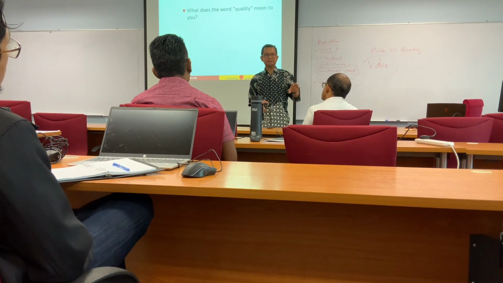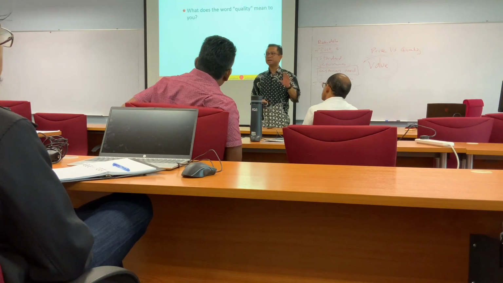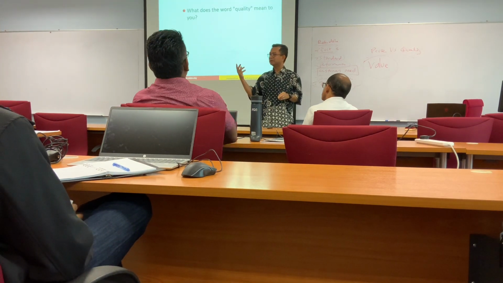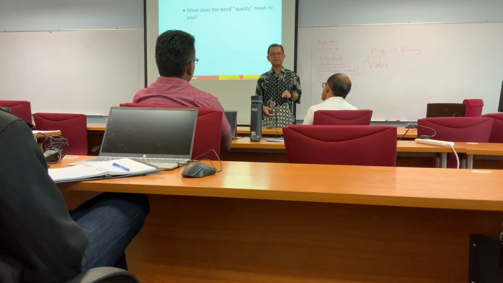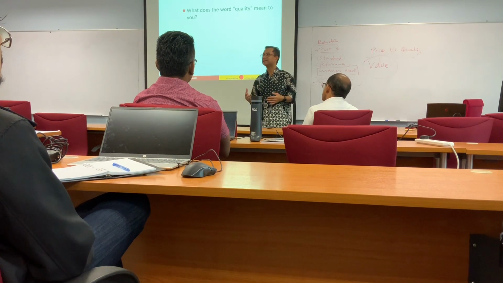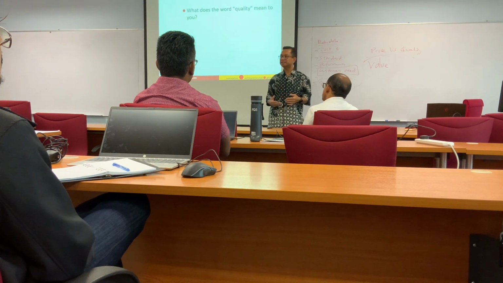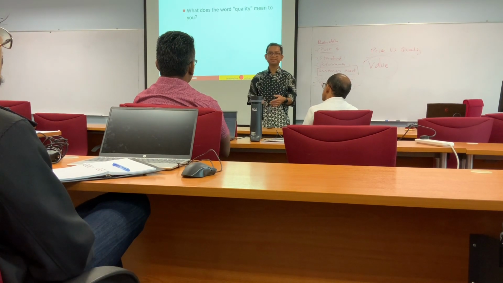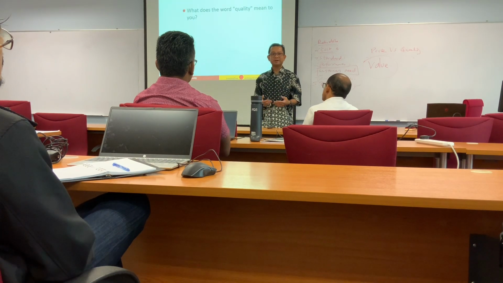ANA, All Nippon Airways, and Japan Airlines, they are providing good quality as well, especially the cleanliness with the omotenashi. Omotenashi is like Malaysian hospitality. In Malaysia we have MH, Malaysia Hospitality, but in Japan we have omotenashi.